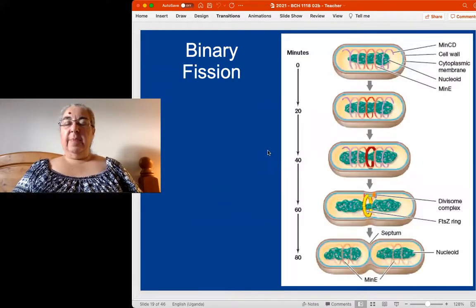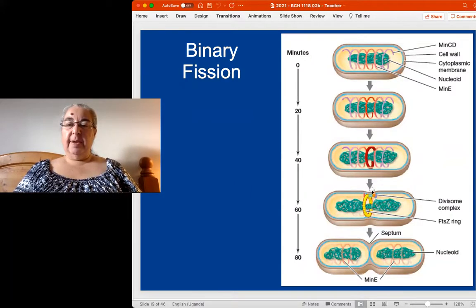Okay, so just a slightly more detailed diagram here. This is naming some of the proteins that are involved. Don't worry too much about those names, but this shows you how the cells are divided by a pinching in of a protein ring in the middle, which separates the two sides of the cell.